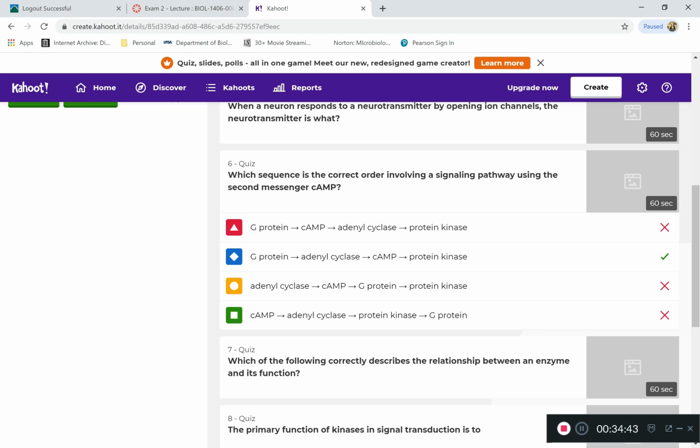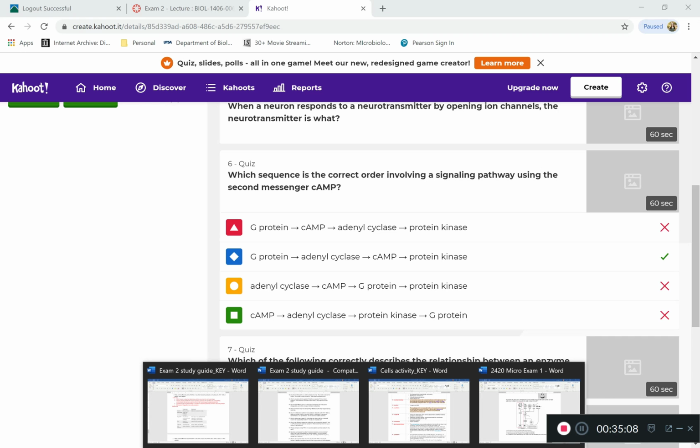So that's the whole transduction pathway. And then after protein kinases are all activated, that is when you go into the response section, but I only wanted you to know the transduction pathway. So this is definitely a big question that will almost guarantee be on your exam.